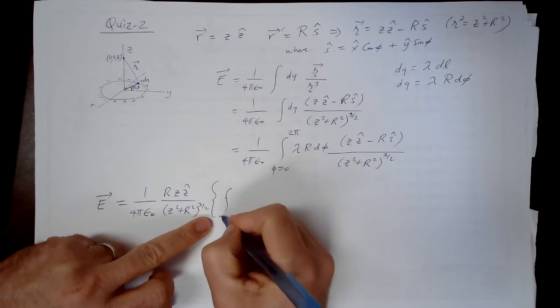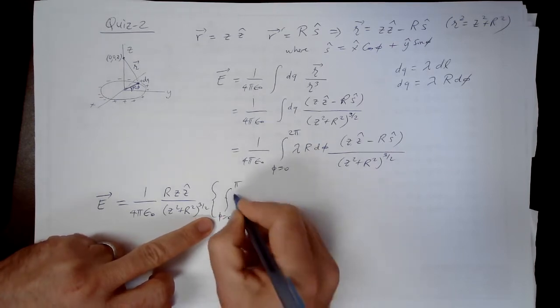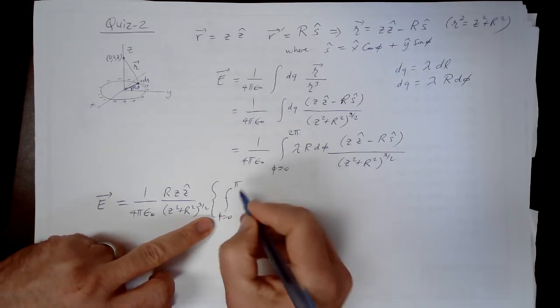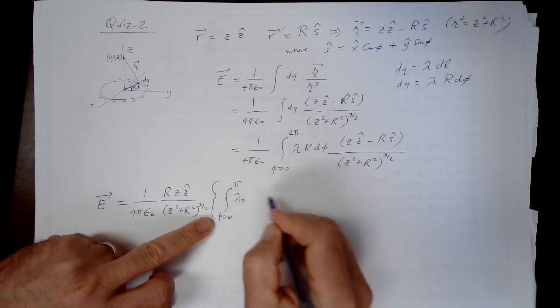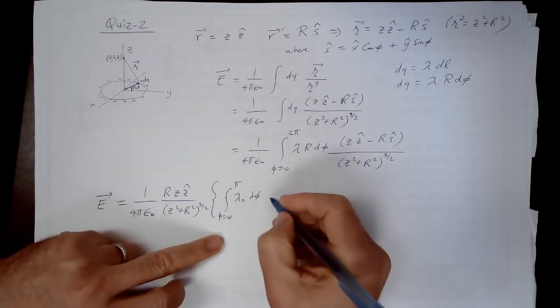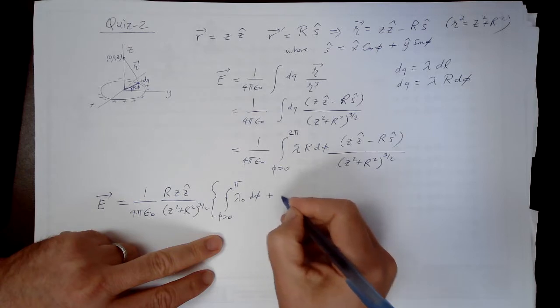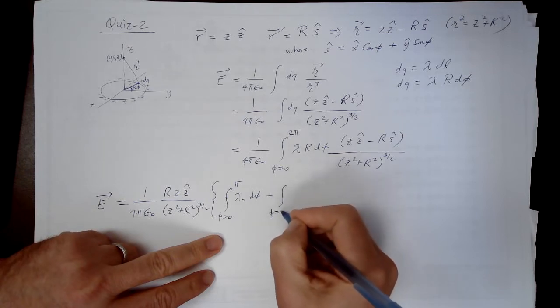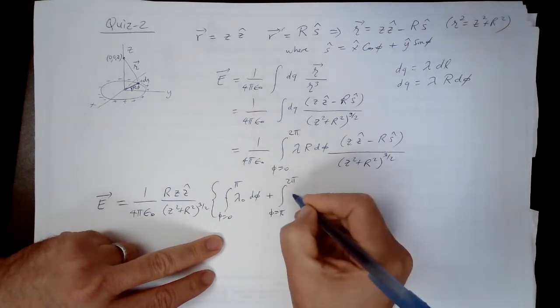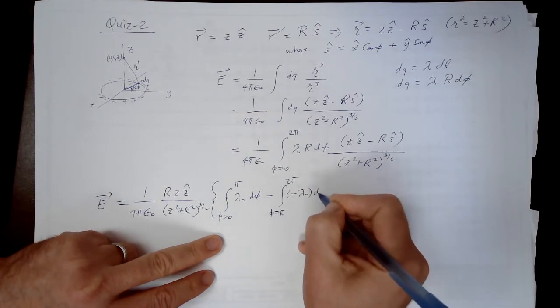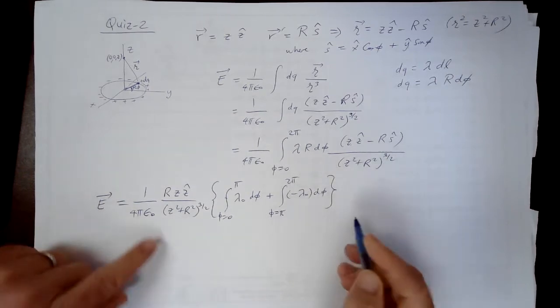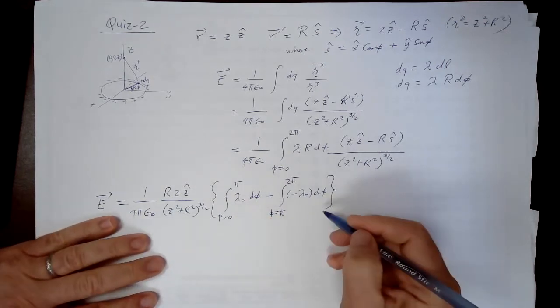And then I have phi 0 to pi, and then this lambda, because plus lambda 0, d phi, and then plus phi pi to 2 pi, minus lambda 0 d phi. That's the z hat component.